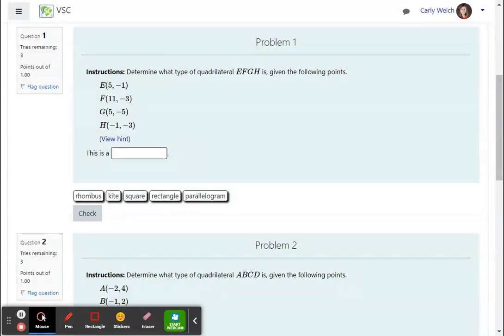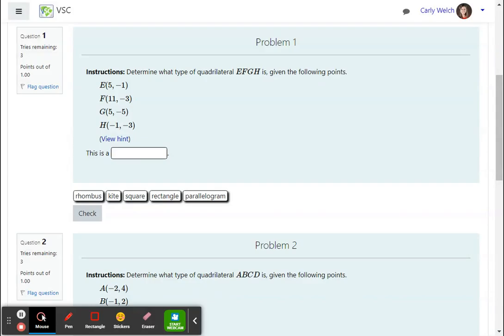Oh, that's supposed to be squared. That's why.